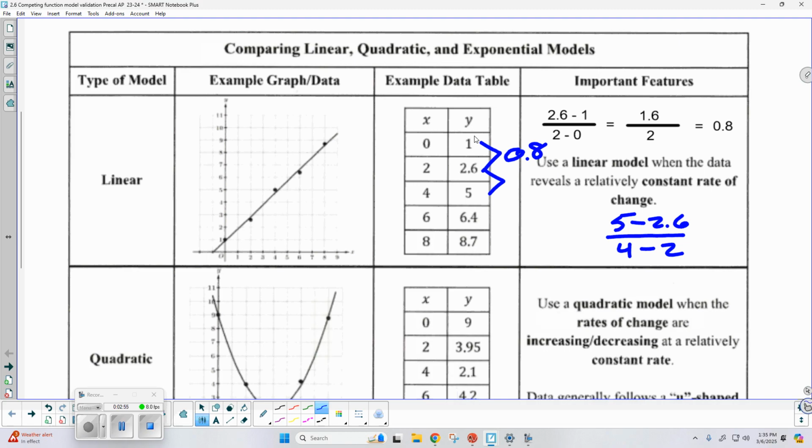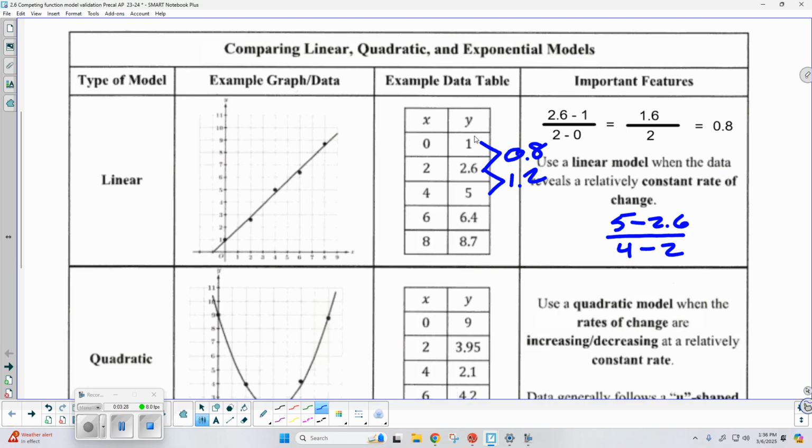What would be my slope between those 2 points? William, what do you get? 1.12? That's okay. I got something close. I got 1.2. Anybody want me to go ahead and check that in the calculator?